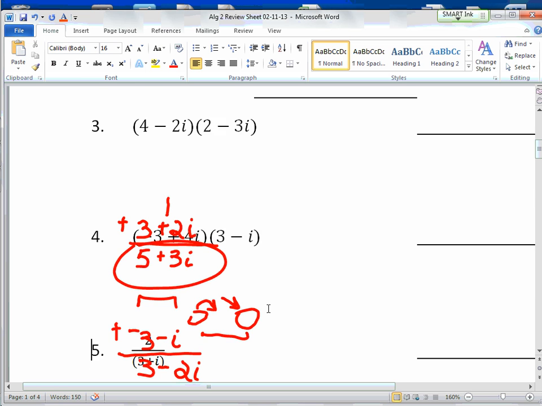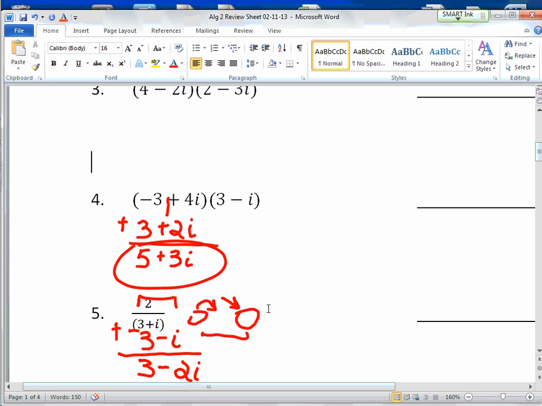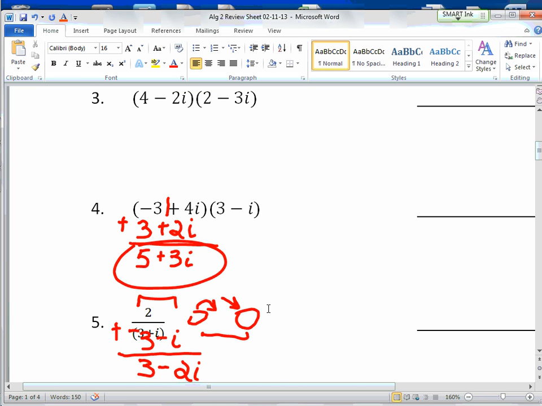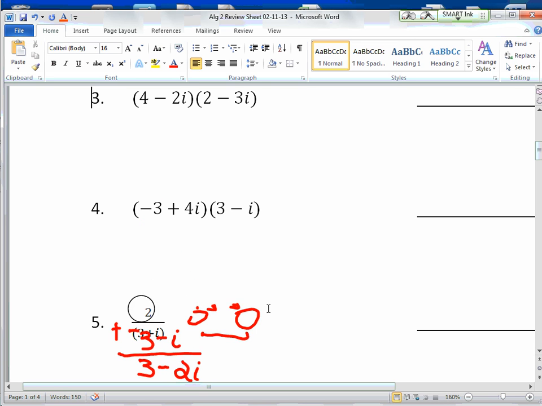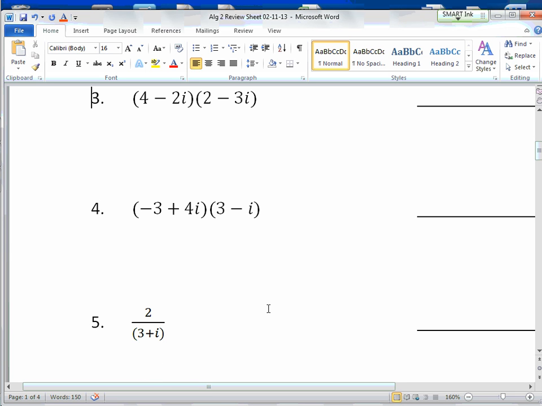Okay, and let's go on to number 3. We'll just clear this up. So now you'll notice that we don't have addition or subtraction. We have multiplication happening between these two pieces of information. So we want to FOIL.